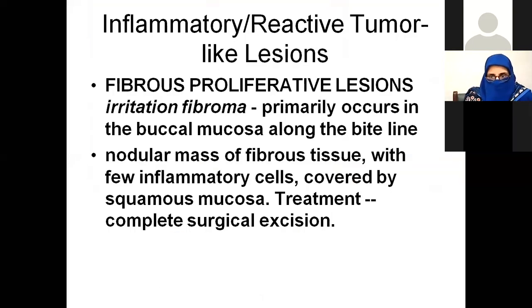So starting from here, the first is the inflammatory slash reactive and tumor-like lesions. When we say tumor-like lesions, it means the pseudotumors. Pseudotumors means that clinically they may mimic a tumor.